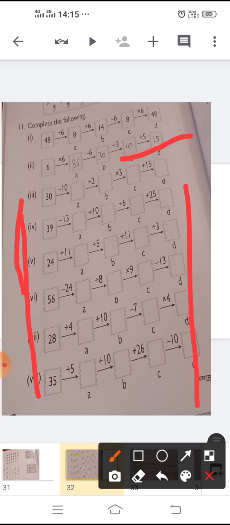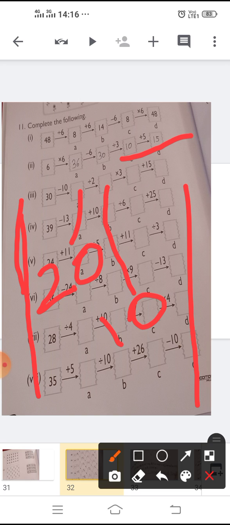Now let's see third part. 30 minus 10, that will give you, in A box you will write 20. 20 divided by 2, in B box you will write 10. 10 multiplied by 3, that will give you 30. Now 30 plus 15, that will give you 45. So here you will write 45.